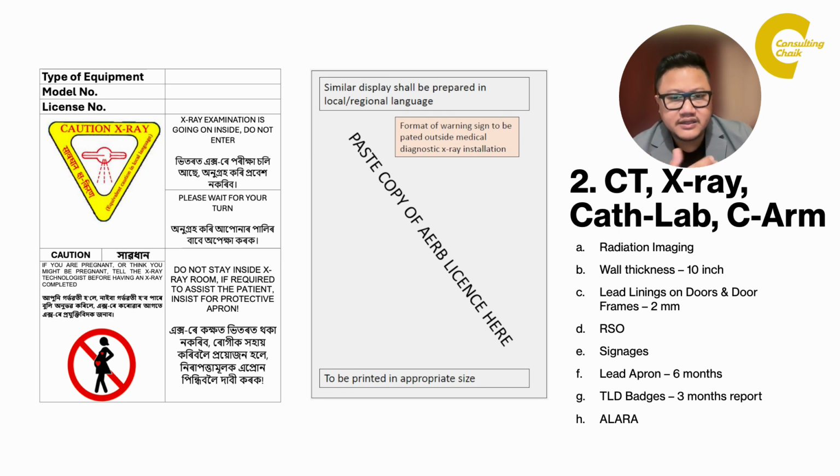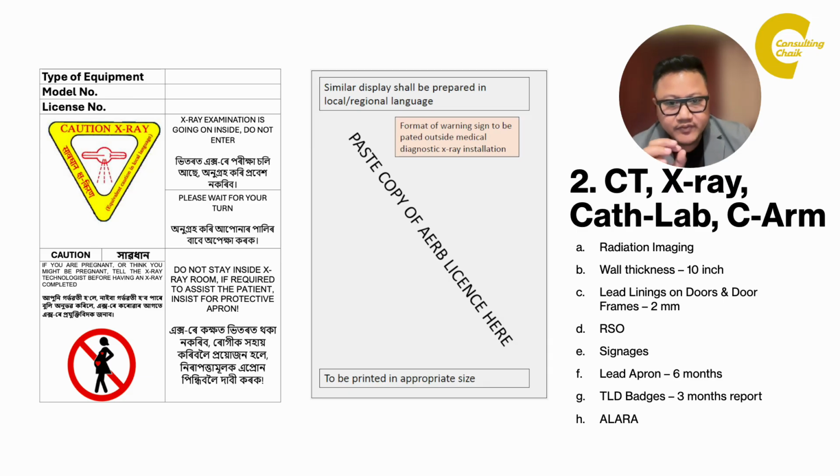Another thing you need to take care of for these equipments is your lead apron. Get it checked at least once in a year. That is as per the standard, but I generally say do it every 6 months at least. I generally tell my hospitals to use CT image, because you can get a larger picture of the apron.